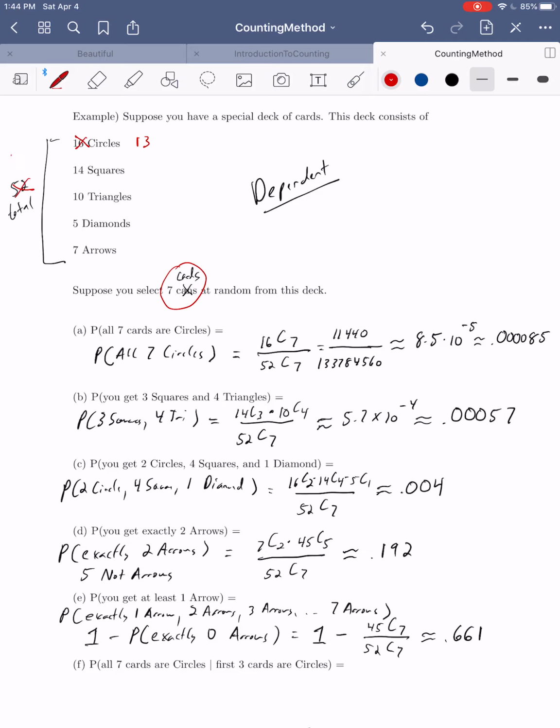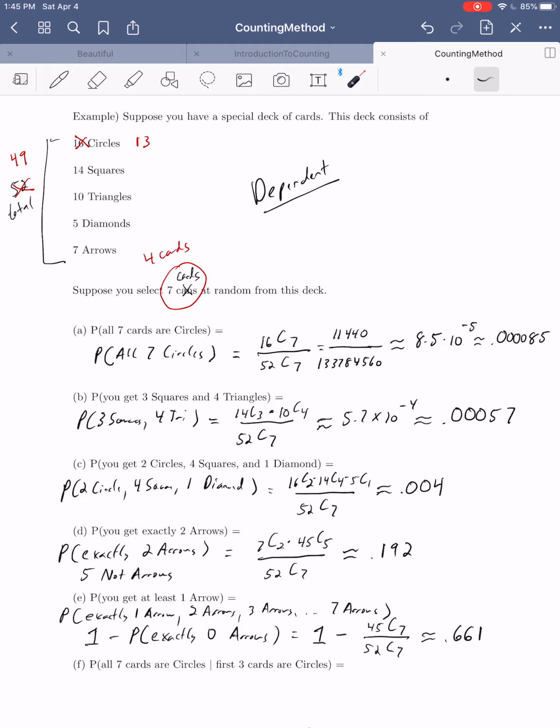This is going to be reduced down to 49 because we've taken 3 cards out. And this thing here is going to be reduced as well. We will only need 4 cards now because we've already taken 3 out to be circles.